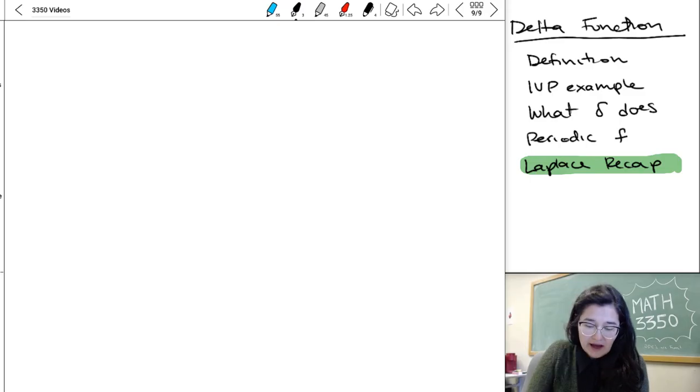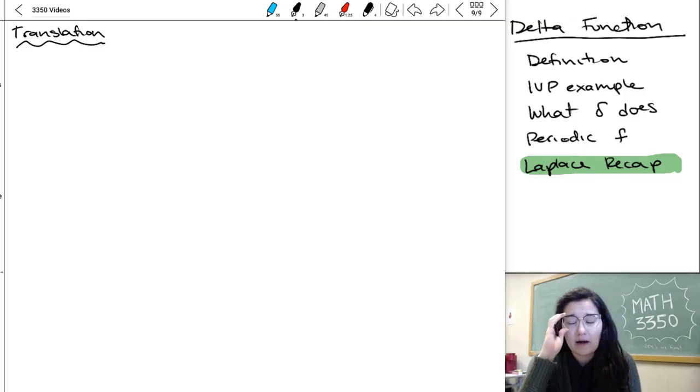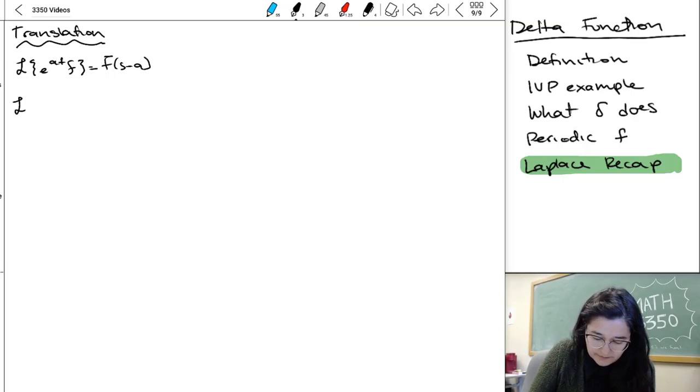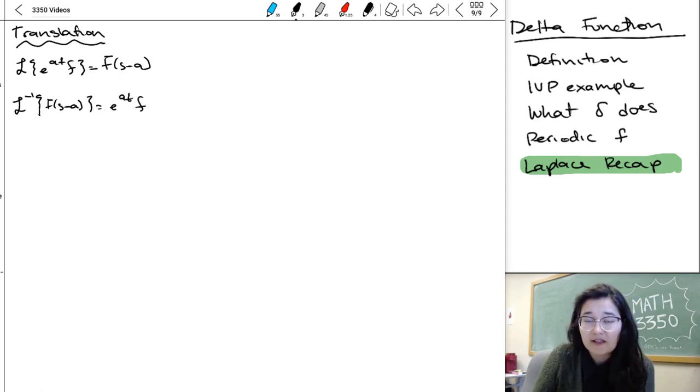So after that, we covered a bunch of properties that we said their common feature was that they related to translation. So this was that L of e^(at) f is F(s - a). That was that L inverse of F(s - a) is e^(at) f, same thing.